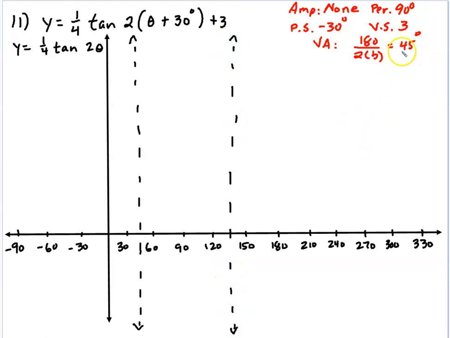Okay, and then 45 times 5. That's 225. So here's another vertical asymptote. It splits the difference between those two numbers. And we'll go one more, 45 times 7, 315.